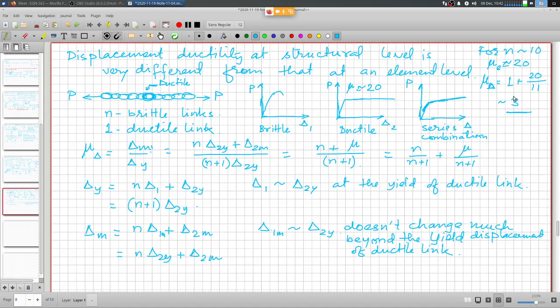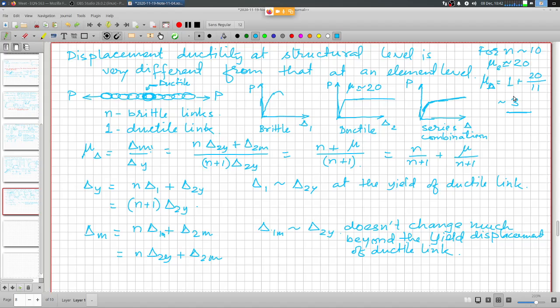So in order to get a displacement ductility of about 4 or 5, it is very often required that I generate curvature ductility of the order of 20 to 30, right?